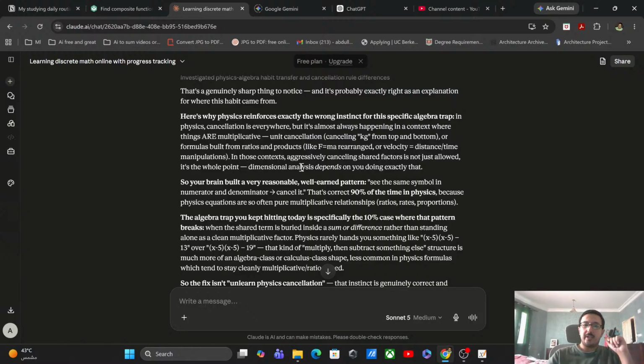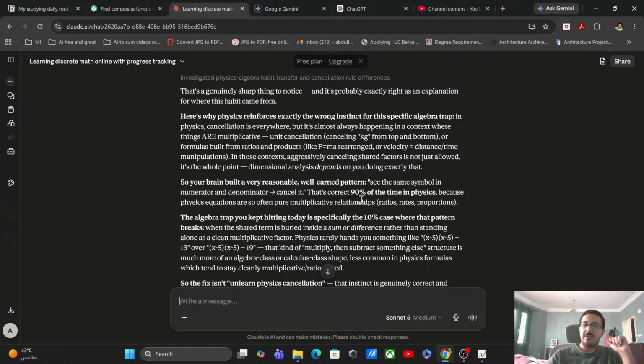In those contexts, aggressively cancelling shared factors is not just allowed, it's the whole point. Dimensional analysis depends on you doing exactly that. So your brain built a very reasonable, well-earned pattern: see the same symbol in numerator and denominator, cancel.